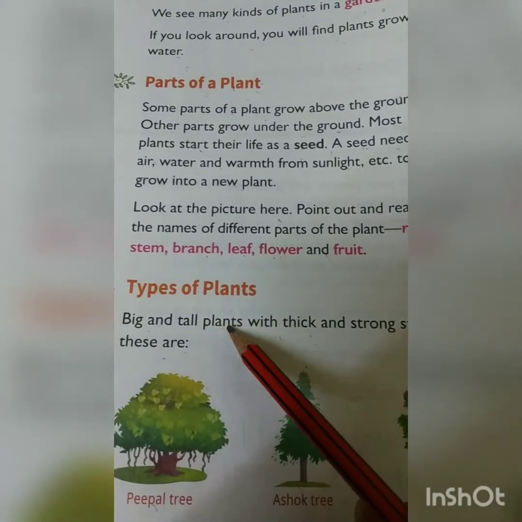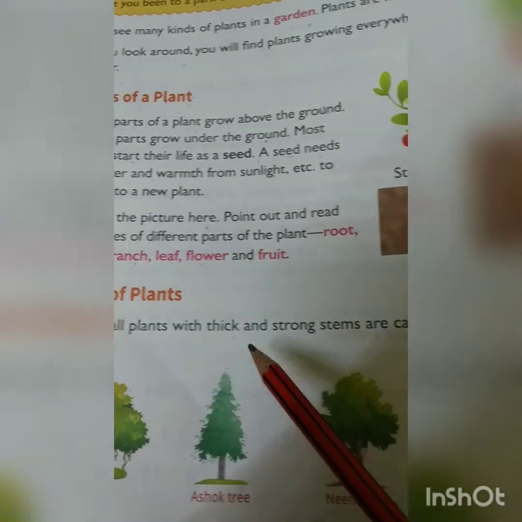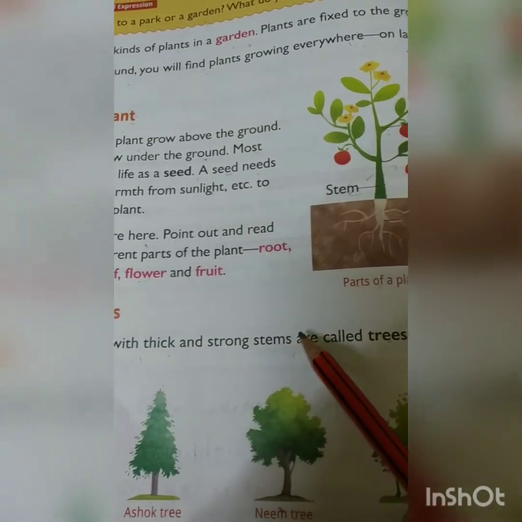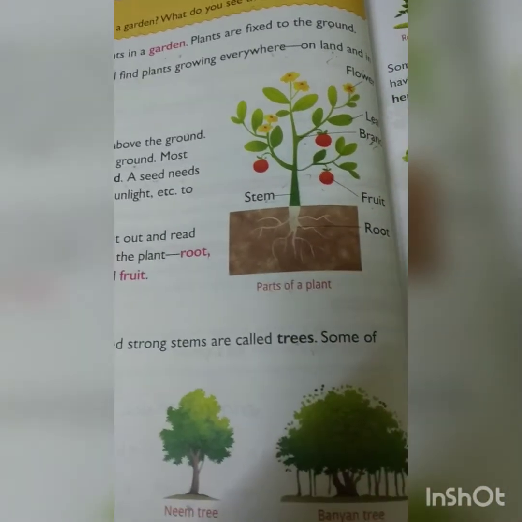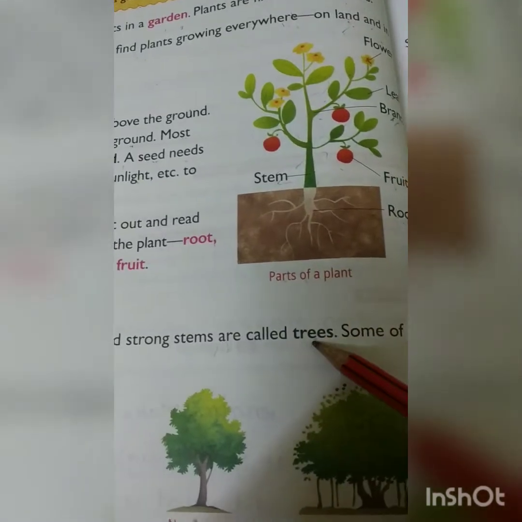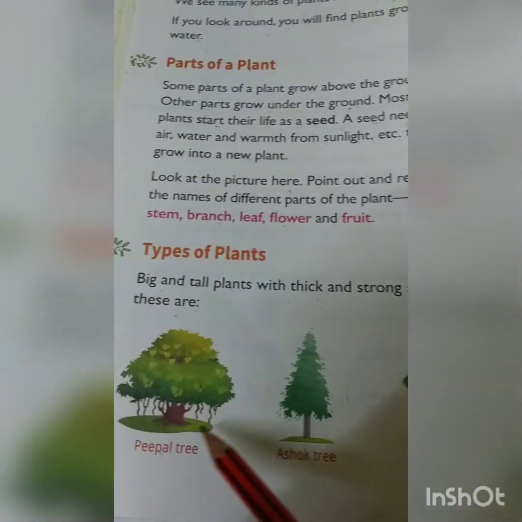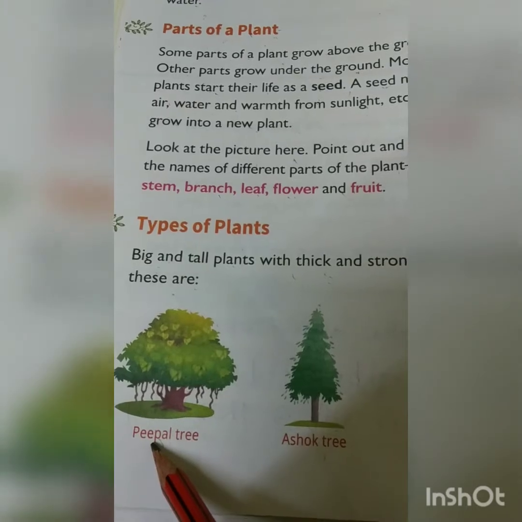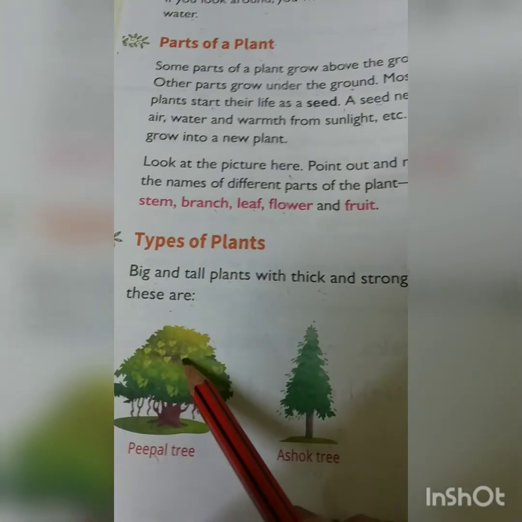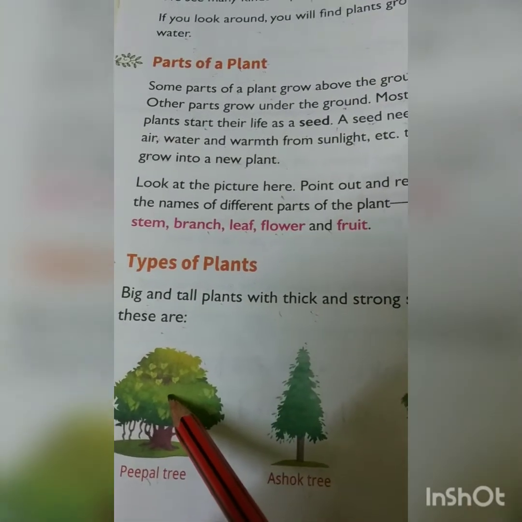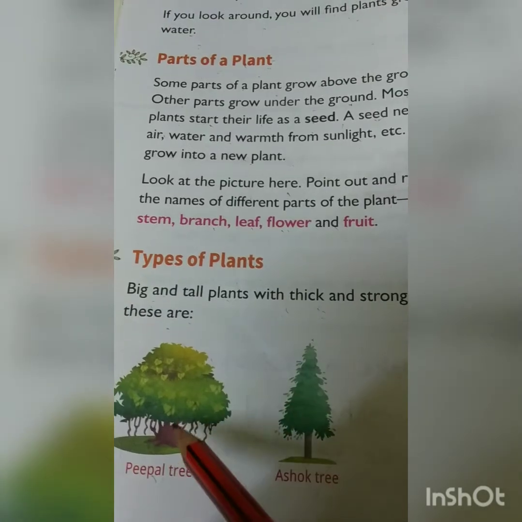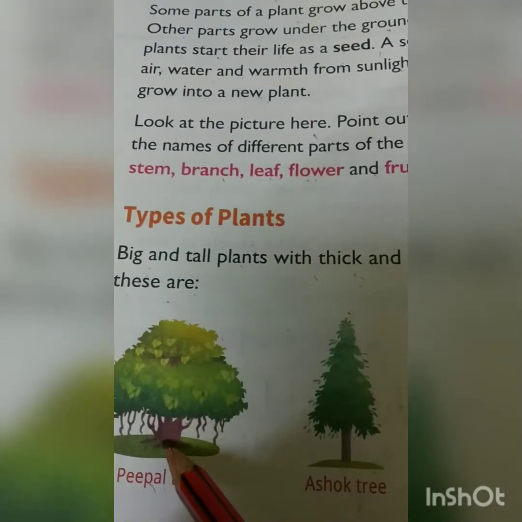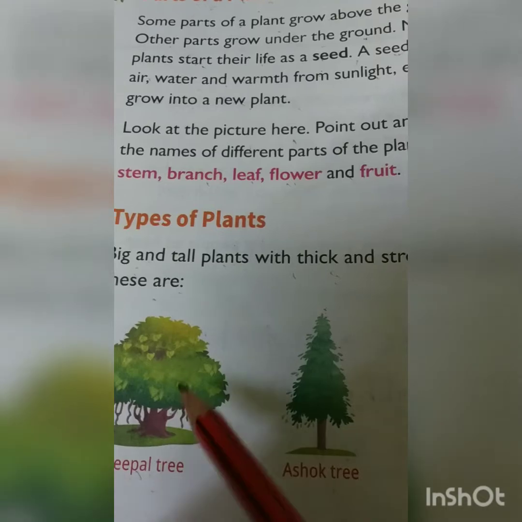Big and tall plants with thick, strong stems, with leaves, are called trees. See here, a tree has a strong, big, tall, also very thick stem. Okay, the stem is very thick. It is a tree.